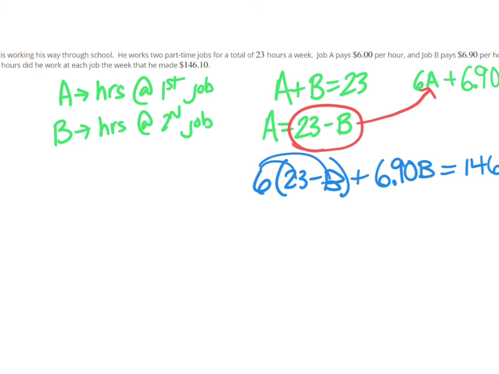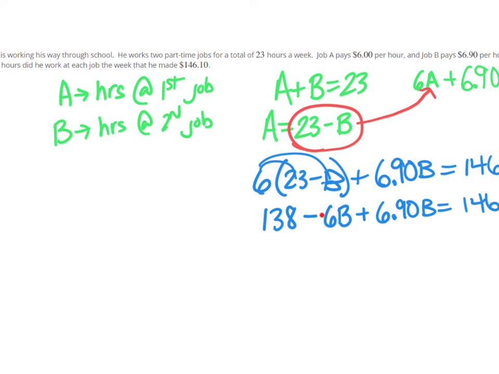All right, so when I distribute, I get 138 minus 6B plus 6.90B equals 146.10. And again, you always want to look to kind of clean up one of the sides. This side right here for sure would clean up. There's nothing to do over here, but these B's could clean up and get together.